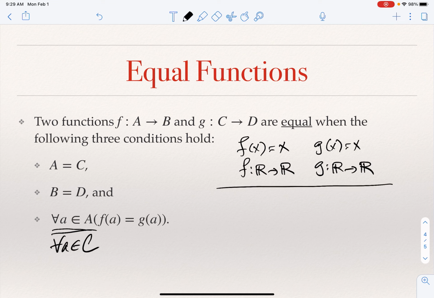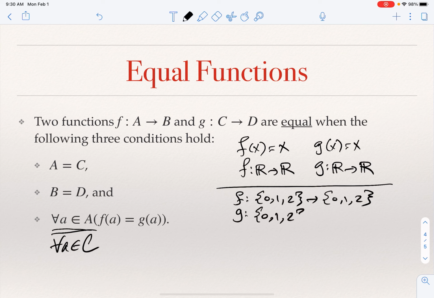But here's an example of two functions that are equal, but are not this trivial example. So let's define f from the set {0, 1, 2} to the set {0, 1, 2}, and define g from the set {0, 1, 2} to the set {0, 1, 2}. And let's define f of n to be (n plus 1) mod 3.